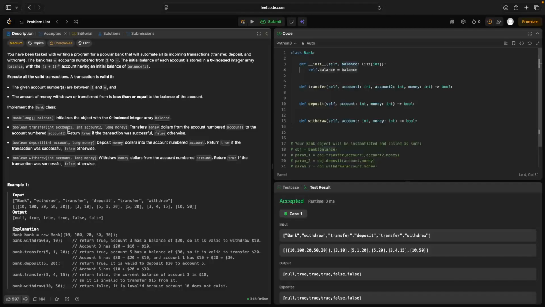So the next function that I want to implement is the withdraw one. What we know about withdrawing is that when you're given an account number, you take out money from the account. So we need to make sure that if the money is greater than the balance, first we'll initialize the account balance here.